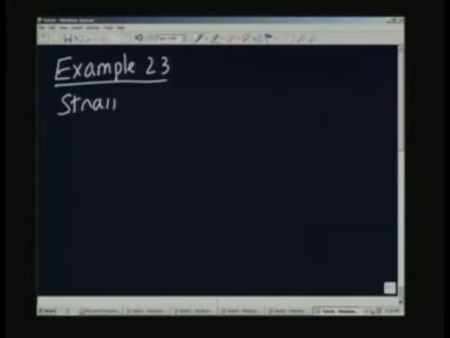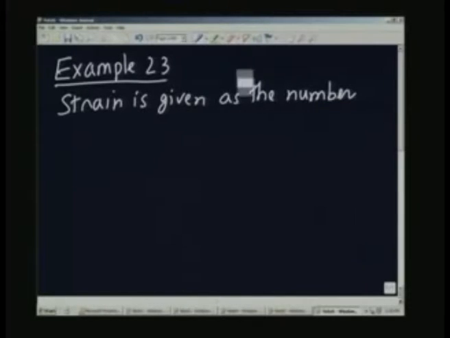I will call it example 23. I would like to look at the change in the resistance in this particular case. Actually, I will slightly change the problem a little bit.